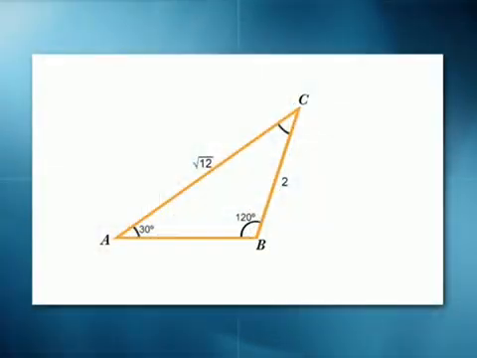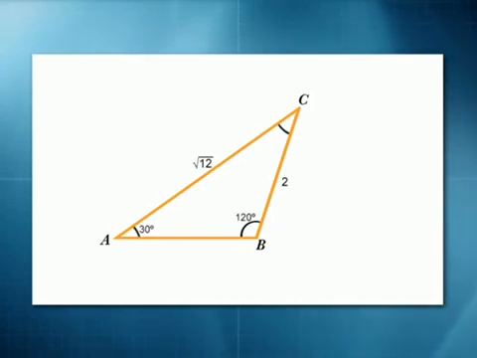But remember, there was a second solution here. It turned out that the angle could also be 120 degrees at B. So here's a picture of that situation. Again, the angle at A is 30 degrees. The side opposite is the square root of 12. The angle at B is 120, and the side is still the square root of 12. So let's finish off the problem.